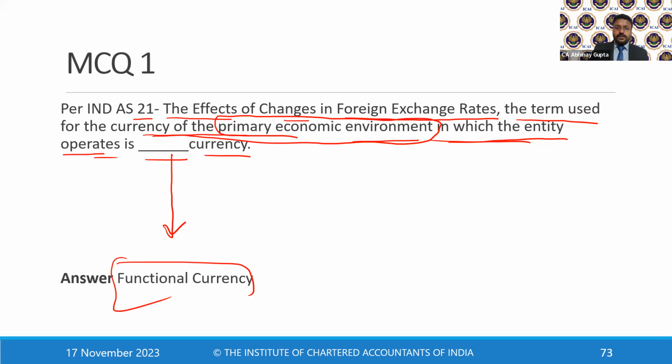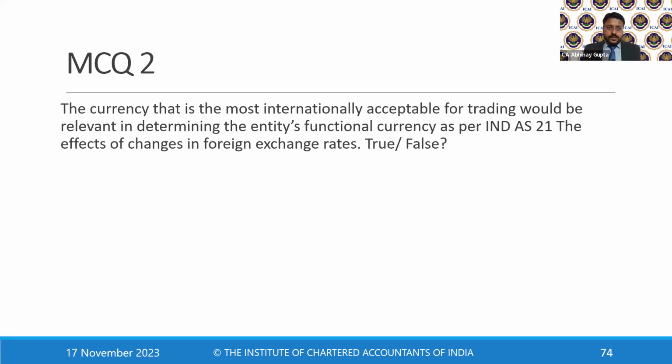Although it was an easy one, let's try this. The currency that is most internationally acceptable for trading would be relevant in determining the entity's functional currency as per Ind AS 21. True or false? Now, what would be the answer?